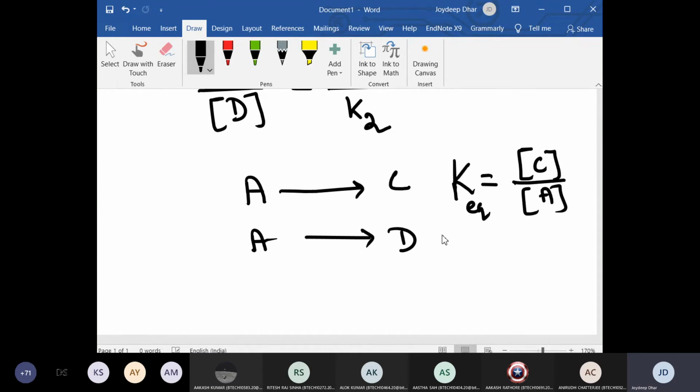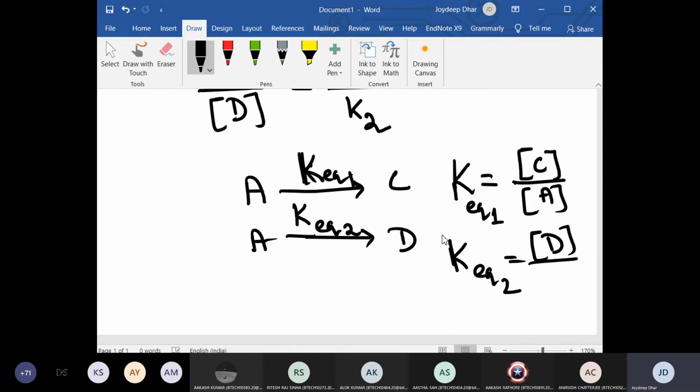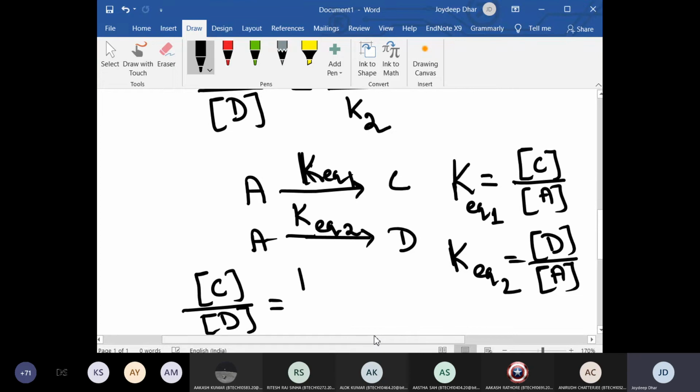That is the first equilibrium, capital K equilibrium 1, and for the second step I can write K equilibrium 2, which will be concentration of D by concentration of A. So now if you make the ratio C divided by D, what you will find? It is the ratio of K equilibrium 1 divided by K equilibrium 2.